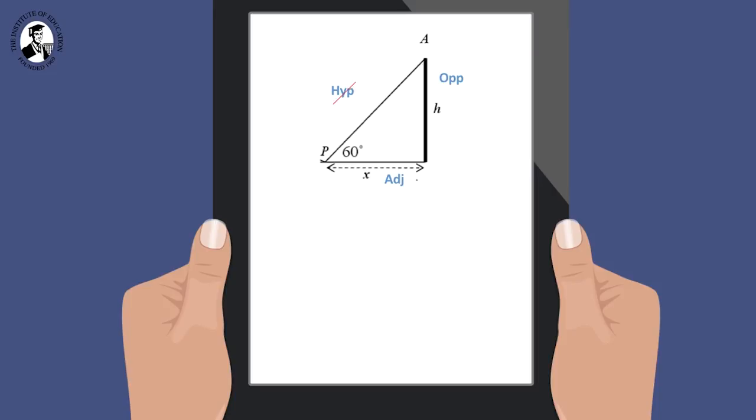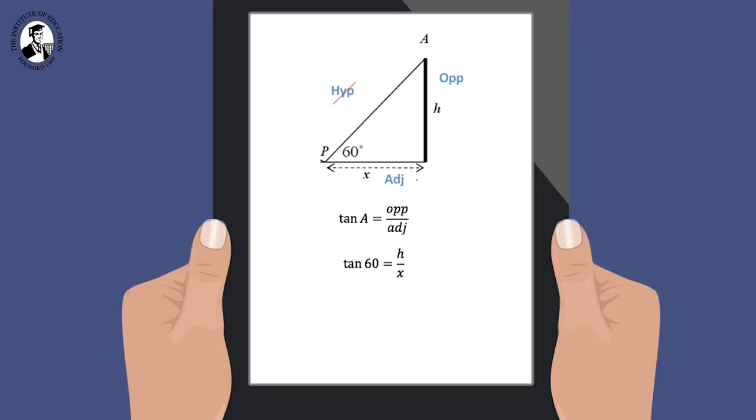In this instance, we won't be using the hypotenuse, so we know that the trig ratio that we're going to use will have to link opposite and adjacent. This is tan A. So the tan of A is equal to opposite over the adjacent, and I'll begin by filling in this formula. The angle is 60 degrees, the opposite is h, and the adjacent is x.